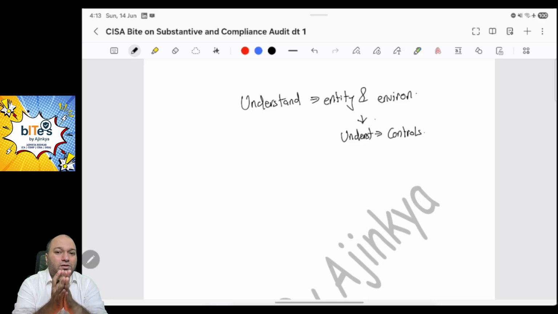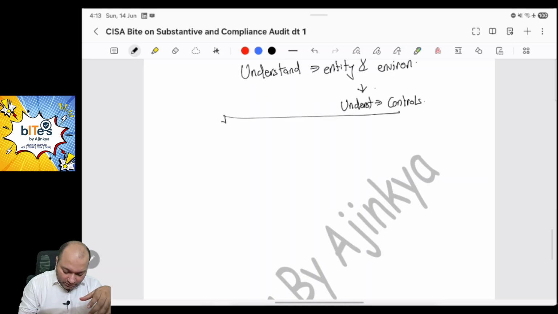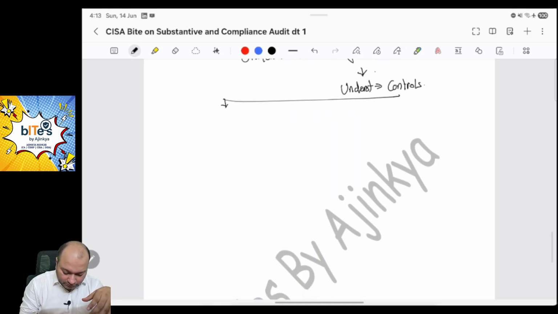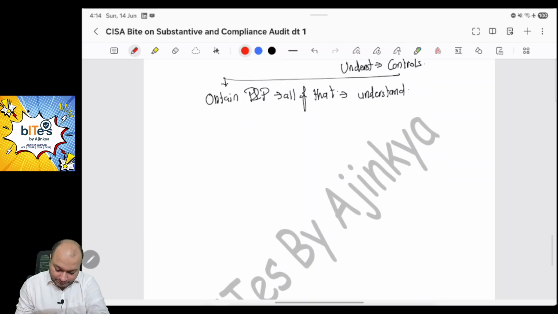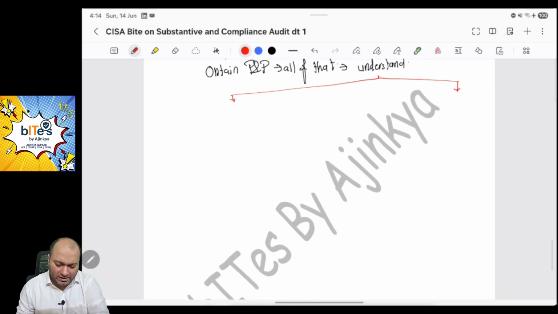The first point is going through the policies, because policies are generally drafted by the management, which has to be followed by everyone in the organization. So first, the auditor has to obtain policies, procedures, and all of that. Based on it, he will get an understanding. Now the auditor has to check whether the controls are working as desired or not, and whether controls are in compliance with the policies or not.